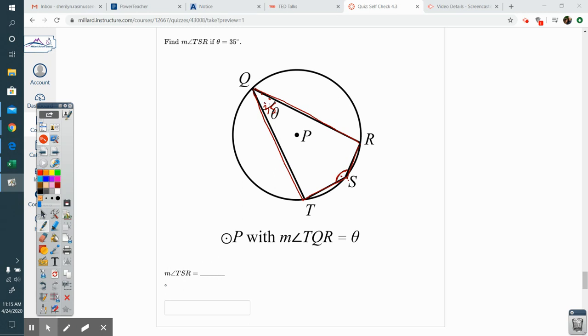They have to add up to be 180 degrees. So angle TSR, this one right here, and this one have to add up to be 180. So I take 180 and I subtract 35 from that, and that gives me TSR, which is 145. So the opposite angles must add up to be 180 in an inscribed quadrilateral in a circle.